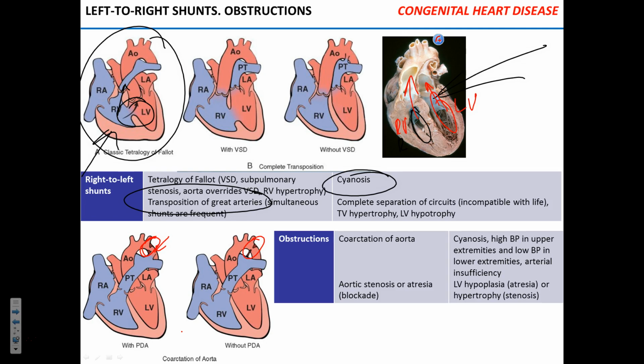In the case of coarctation with patent ductus arteriosus, cyanosis, again, because the distribution of oxygenated versus non-oxygenated blood is not normal. Does that make sense? Another symptom: high blood pressure in the upper body and low blood pressure in the lower extremities. Why?